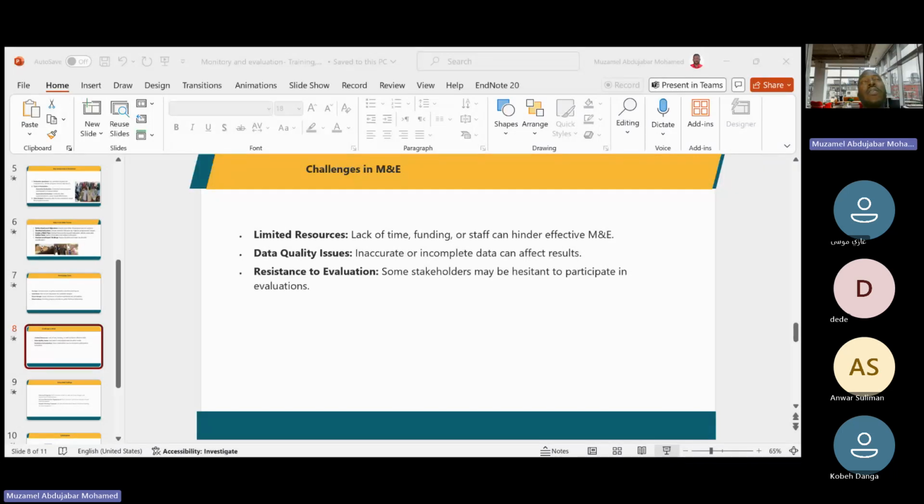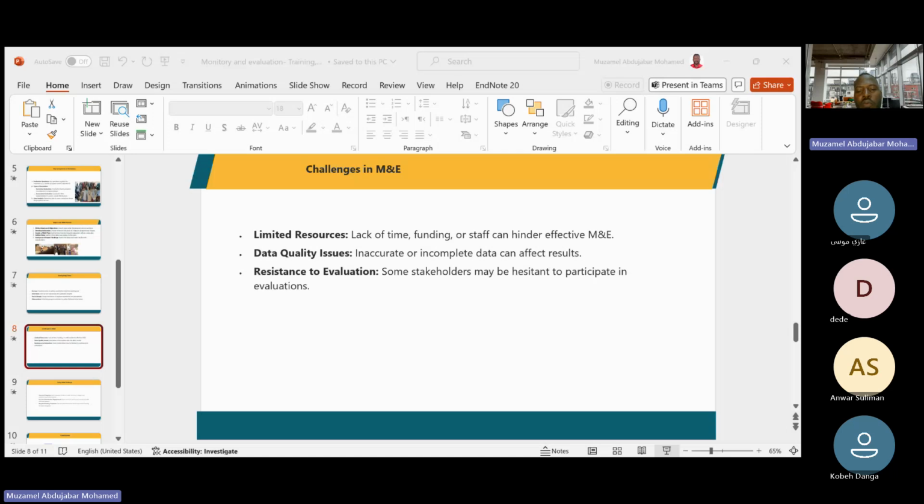If you look at problems facing projects implemented by the government, it is a lack of monitoring and evaluation, because they do not implement the project effectively or efficiently.